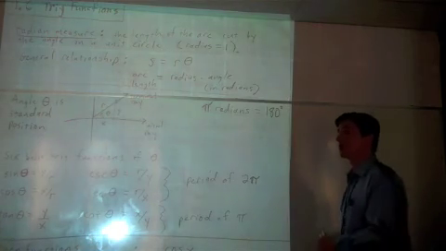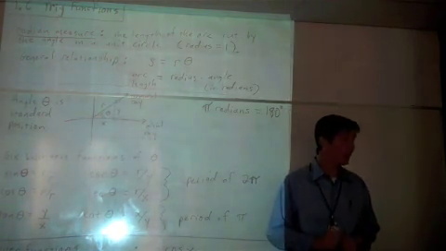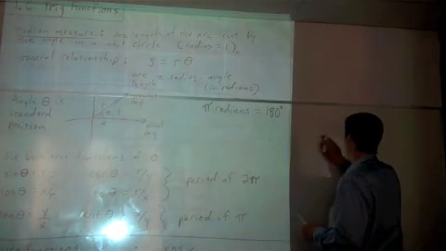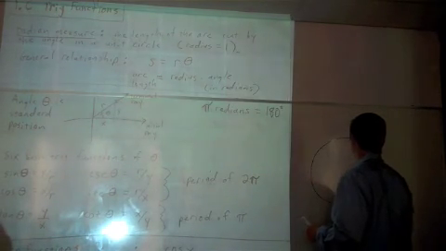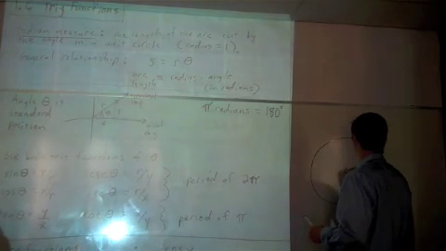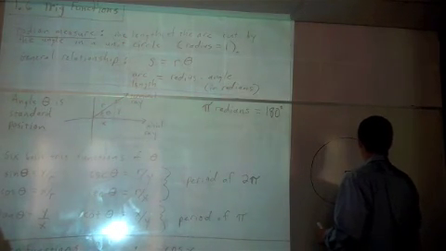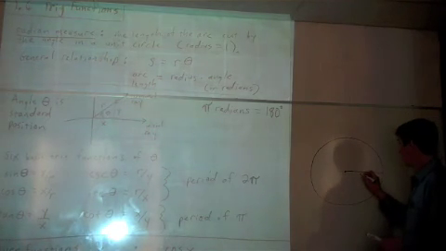So the first thing we're talking about is radian measure. Everything you're going to do in calculus is in radians, not degrees. So here's what a radian measure is. If I have a circle, and I draw a radius in of any length, let's call it length 3.